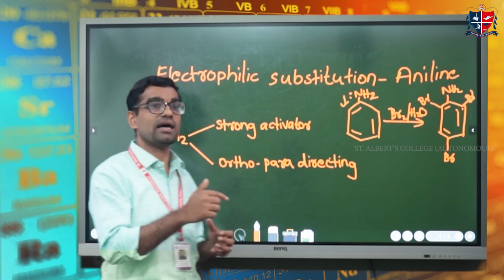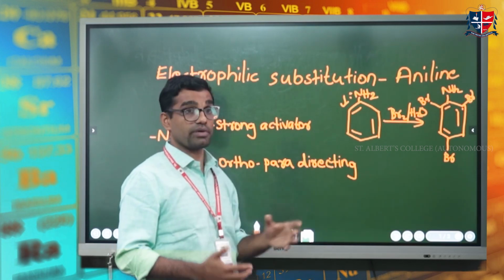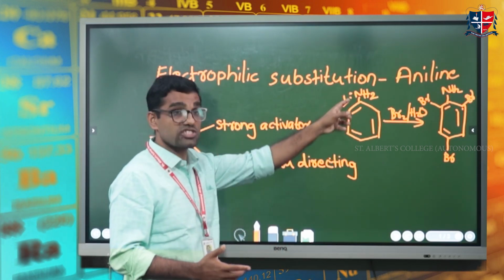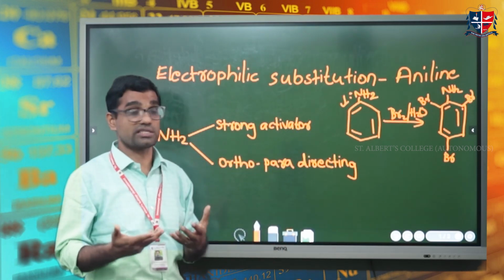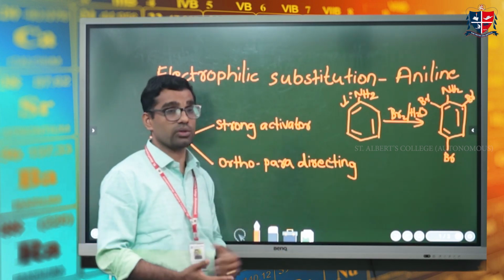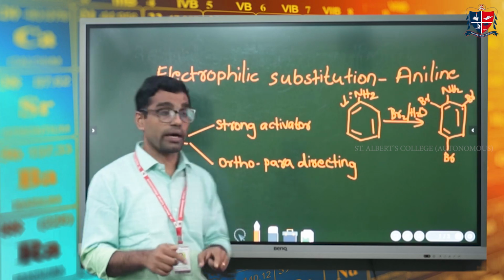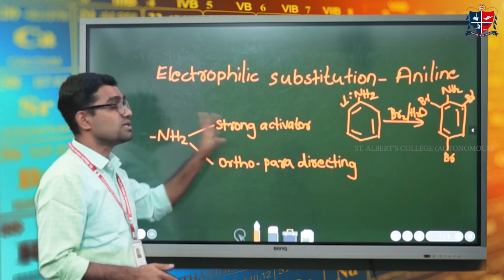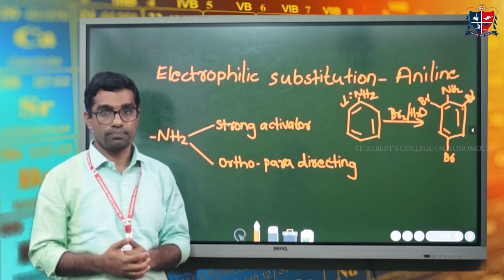It can easily attack this benzene ring because the electronic charge density inside the ring is increased due to this pi donation. That is why the amino group is a strong activating group.